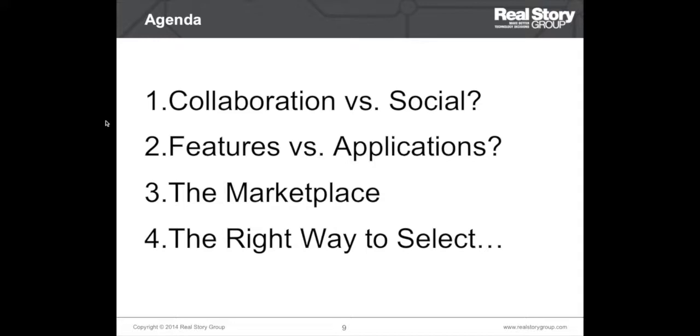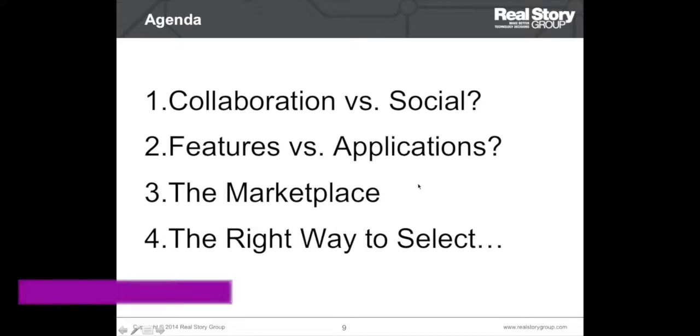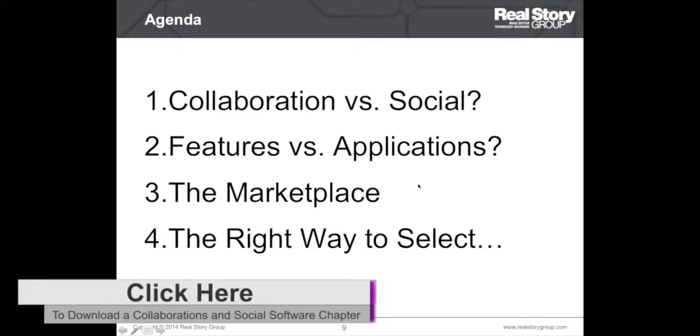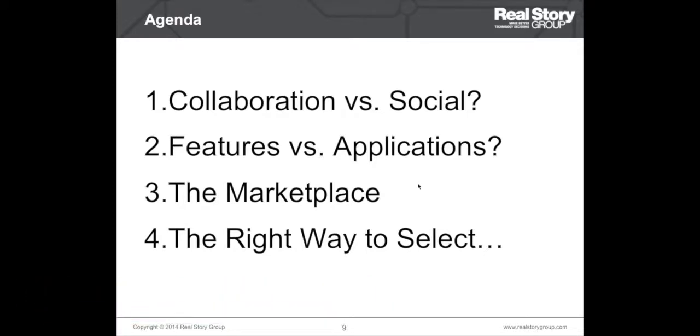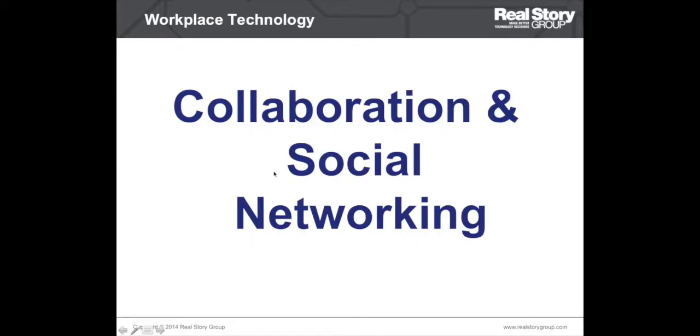And I'm going to really make a strong case that you should focus on applications or use cases. Then we'll get into an overview of the marketplace, and then finally wrap up with the meat of the session here. What's the right way to select these tools? So let's get into it.